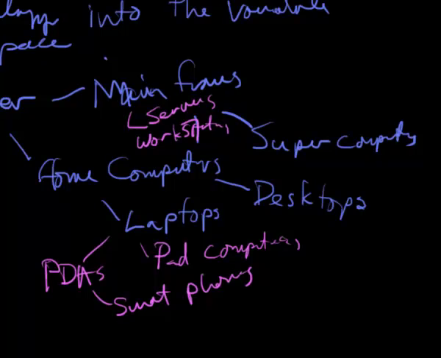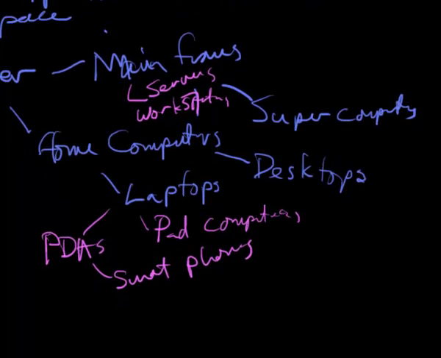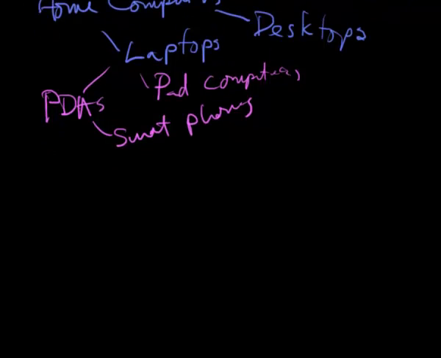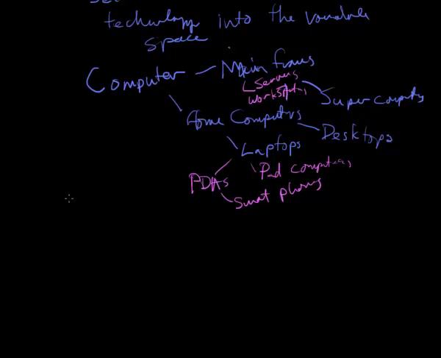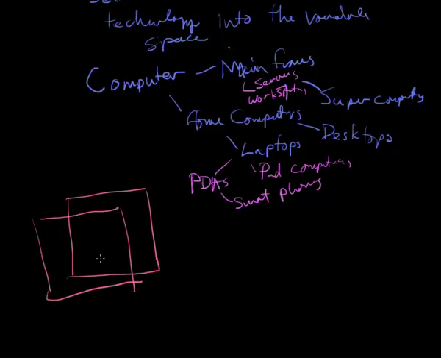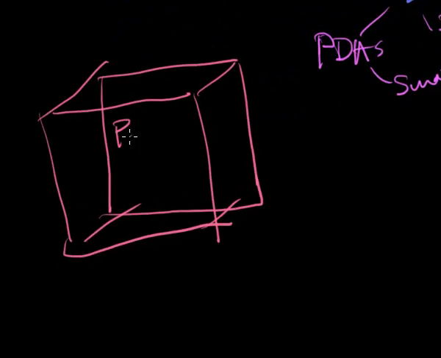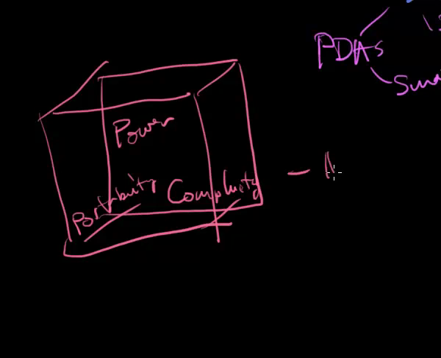etc. And then you might take each of these and map them out in terms of some of their qualities. So maybe one of the qualities would be, in your innovation space, when you start mapping these out, there might be power, you might have portability, you might have complexity in terms of number of features.